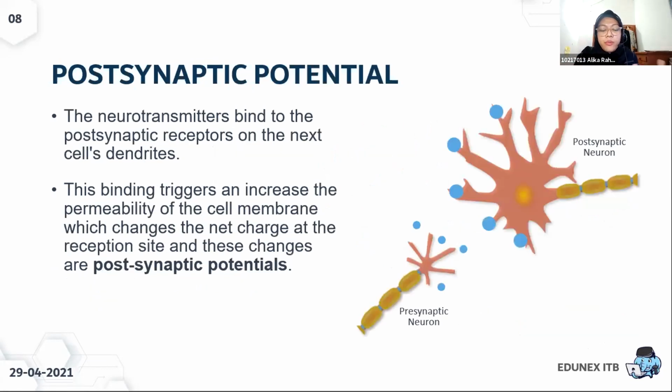When the presynaptic neuron here releases neurotransmitter, the blue circle, the neurotransmitter binds to the postsynaptic receptor on the next cell's dendrites.